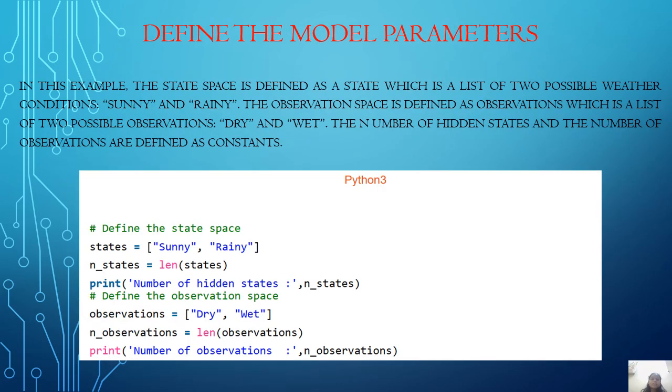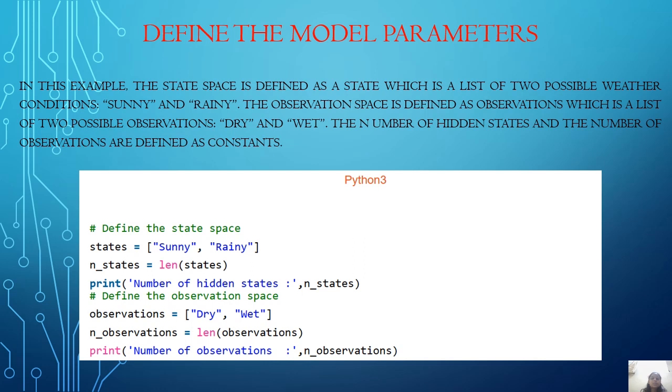Then define the model parameters. In this example, the state space is defined as states, which is a list of two possible weather conditions, sunny and rainy. The observation space is defined as observations, which is a list of two possible observations, dry and wet.